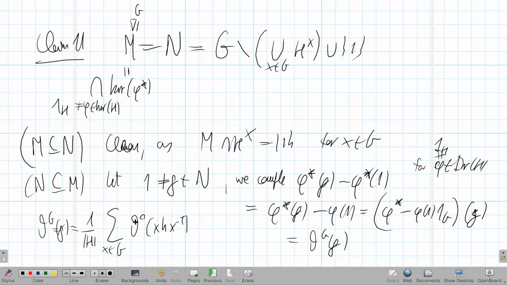Theta naught is 0 outside H, so this can only be different from 0 if this element lies in a conjugate of H. Since g is in N, g does not lie in any conjugate of H, so this is 0.